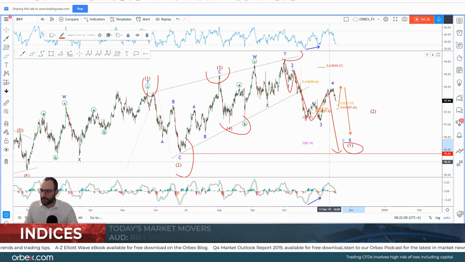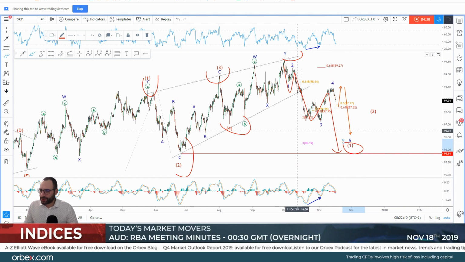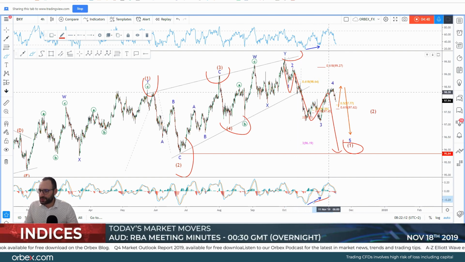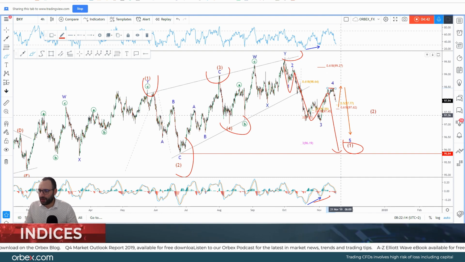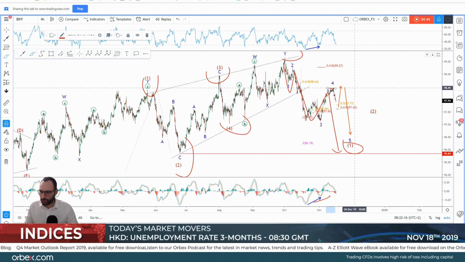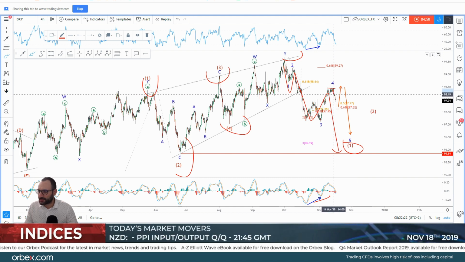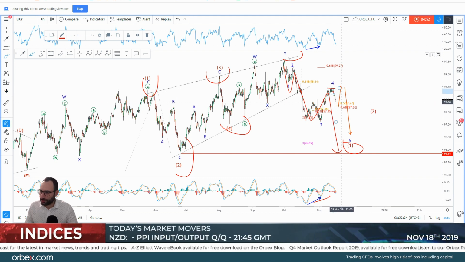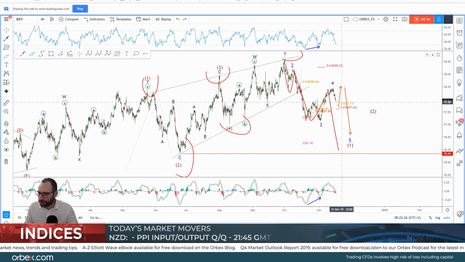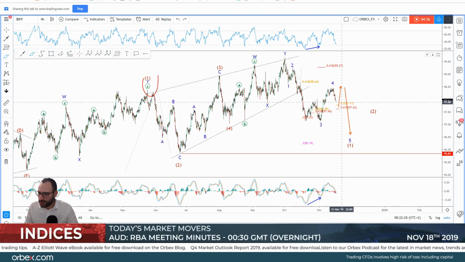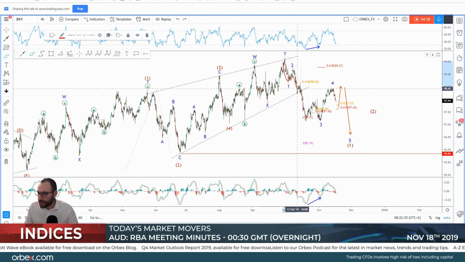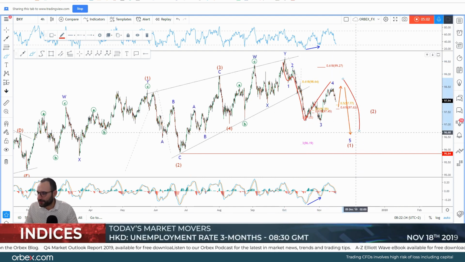Now, the case is this: because we've seen this move to the upside, we started moving up. Now, the question is, are we done over here with the upside or not? Well, the possibility of that ending here is good if we saw this as a 1, 2, 3 and 4 up here, and then 5, right?